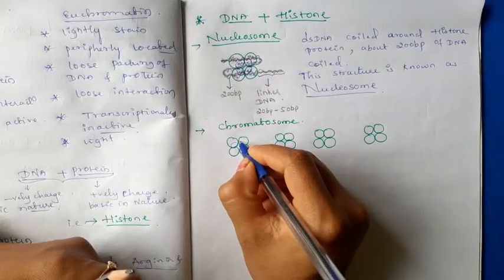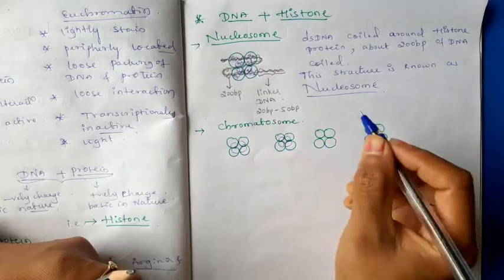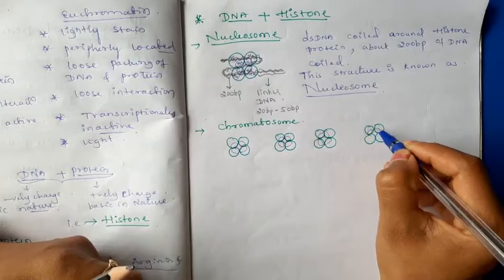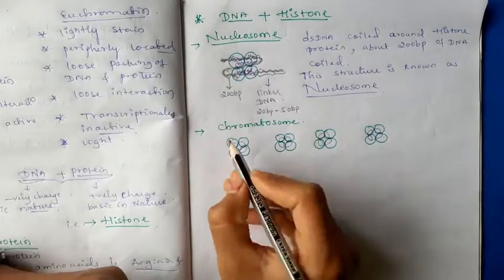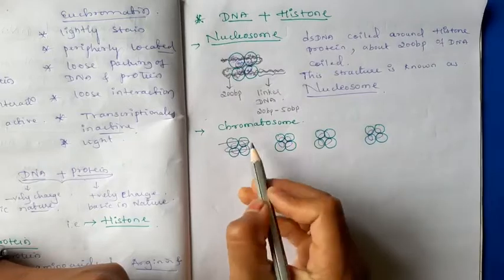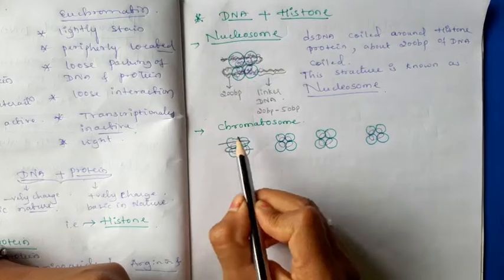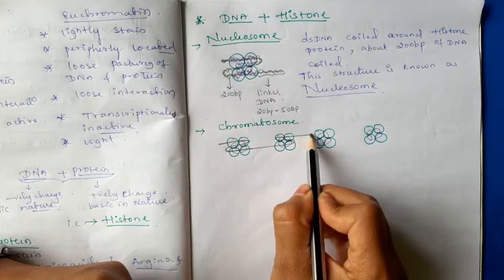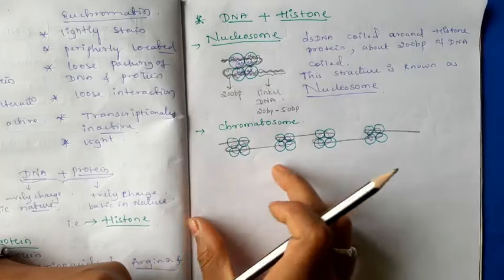Don't get confused guys, this is very simple. Only 200 base pairs of DNA are coiled around one histone protein, but the length of the DNA is about 200 meters. The DNA coils around a histone protein for only 2 coils, then again coils to another histone, then another. The structure is like this.